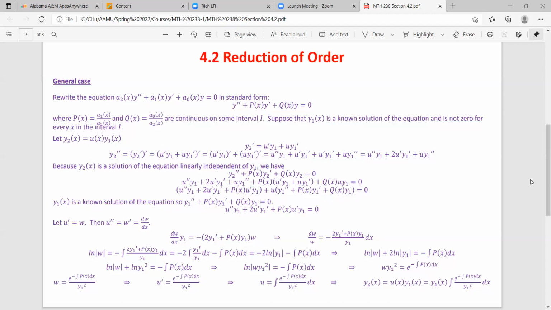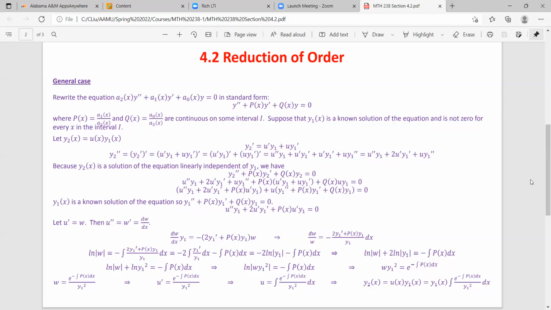And we already put those two terms on the right. So the only thing we don't know is just w; y1, y1 prime, and p are all given. So what you do is divide by w, multiply by dx, and also divide by y1 on both sides. Then we get dw over w equals negative 2y1 prime plus p times y1 over y1 dx. So then you can just integrate both sides to solve it.